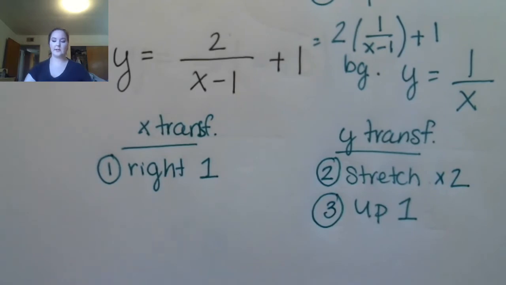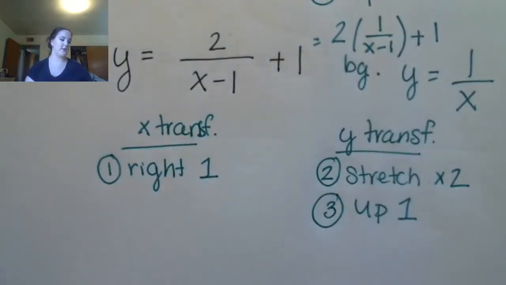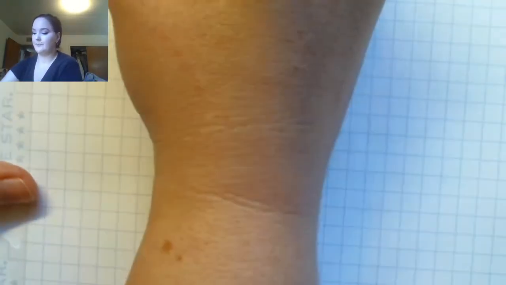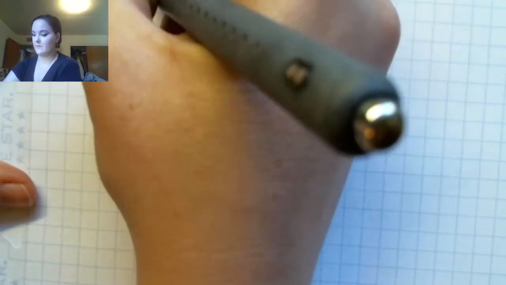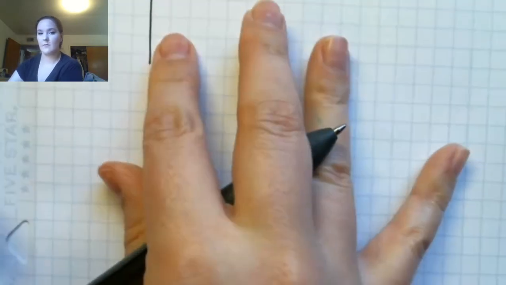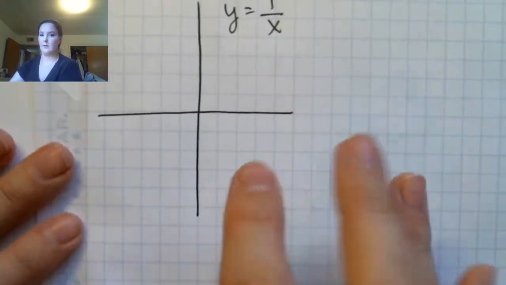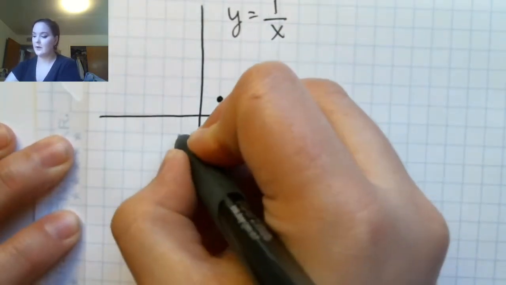So let's look at our graph. First we'll look at the base graph, which is going to be the 1 over x graph. Our key points are going to be here and here.